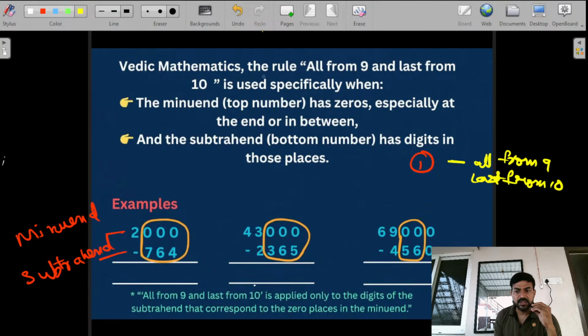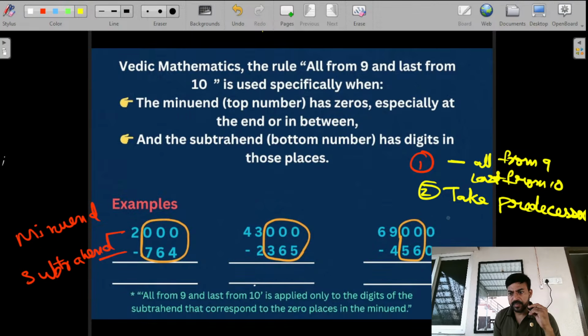And the second rule is, take the predecessor of the remaining.